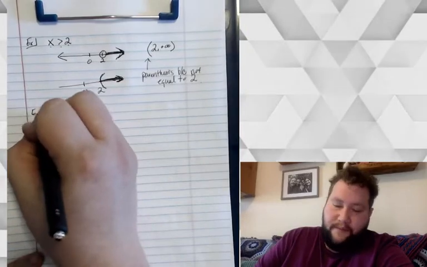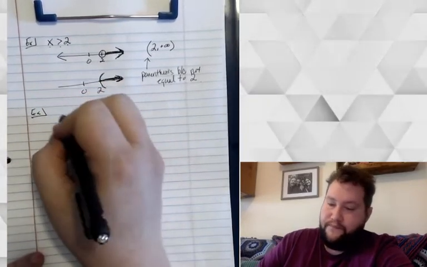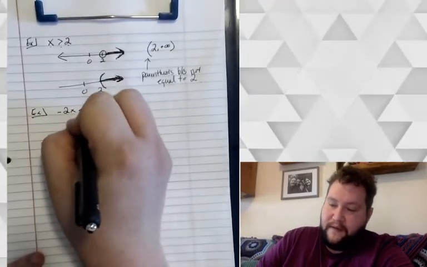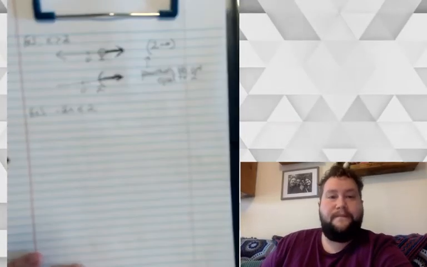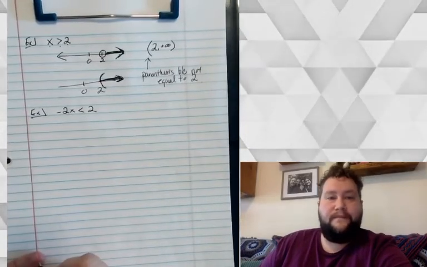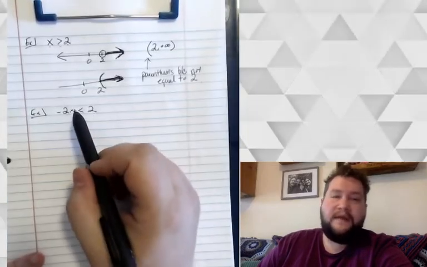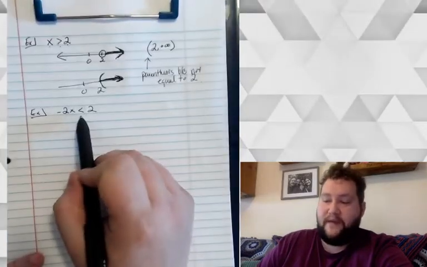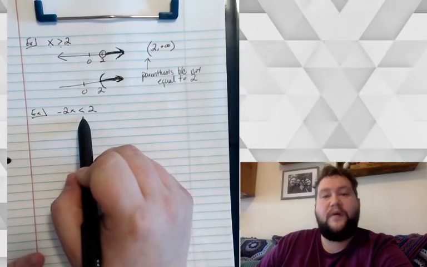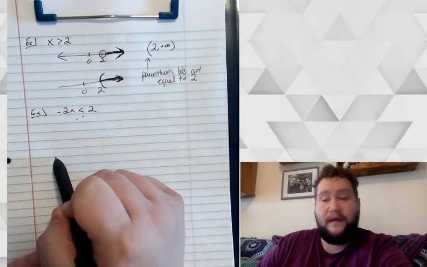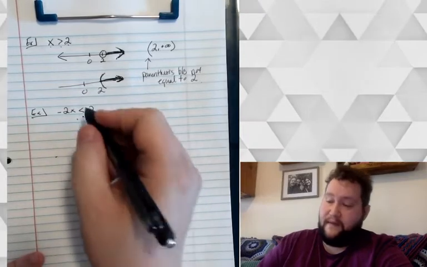Look at a couple more. -2x is less than 2. And so if you remember I said we can't divide by a negative unless we flip it. So I'm going to use that process of flipping, and then I'll show you why that's the case.